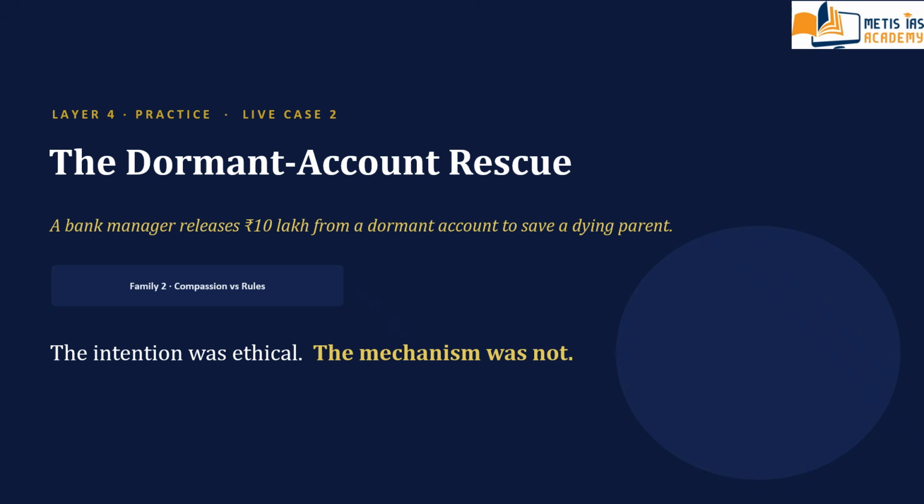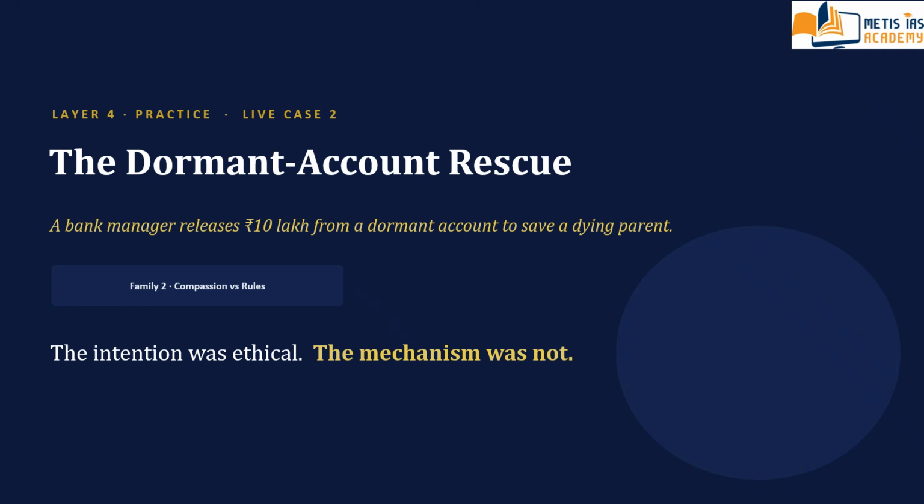After reading the case study, what you have to do is identify the case. What is the case? The bank manager case. Why this case? Because this is the cleanest demonstration of family 2, compassion versus rules. That is why we take this case.